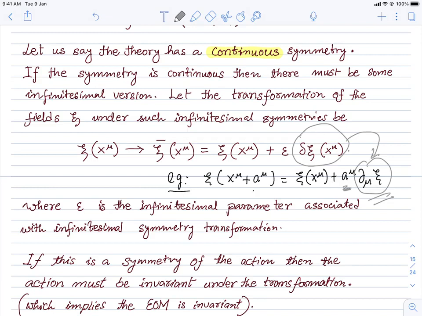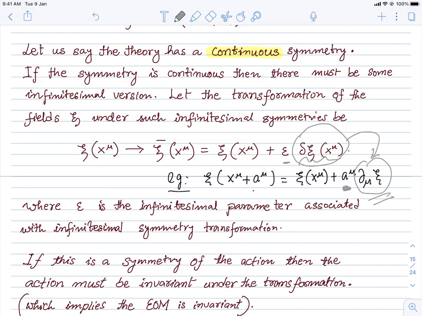There are 4 such epsilon parameters, which is mu, and the corresponding variations are del mu of xi. So this is what I mean. If I know what the symmetry is, I can write down an expression for this concretely, but here I'm trying to do an abstract description. So I'm just assuming that this is the variation. This is the change in the field due to the symmetry transformation.